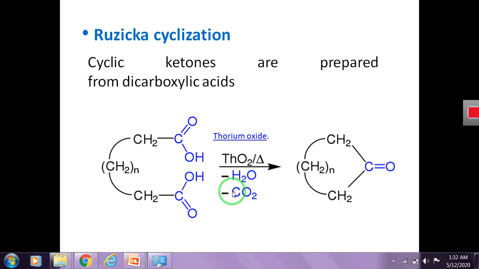So these two molecules will be removed from this dicarboxylic acid in the presence of this catalyst, thorium oxide, and then what we will get in the end as a product of this reaction is a cyclic ketone.